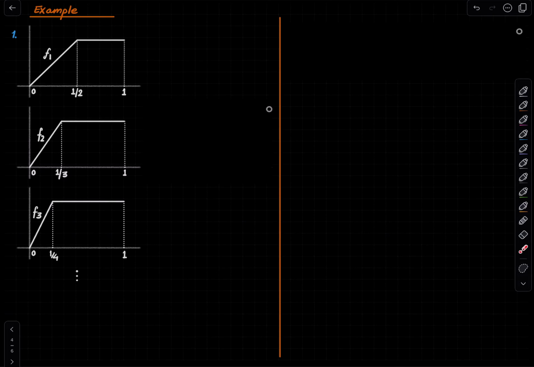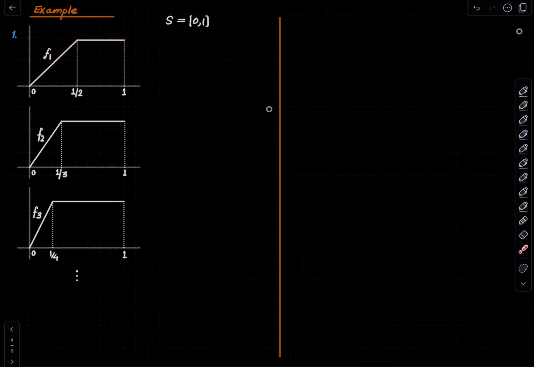So here our set S is the unit interval, and we are defining the functions via their graphs. The first function grows linearly from 0 to 1 up until the point 1/2, and then becomes constant, equal to 1.